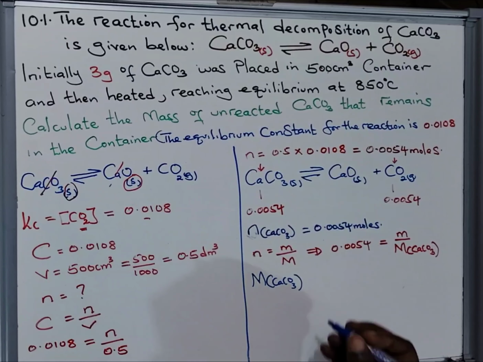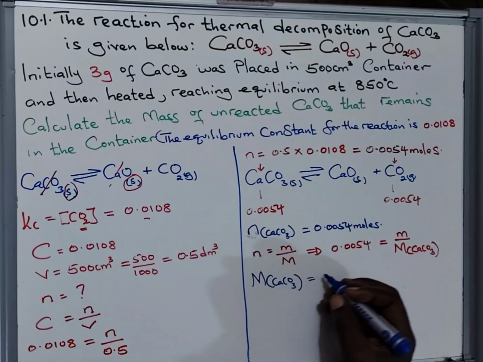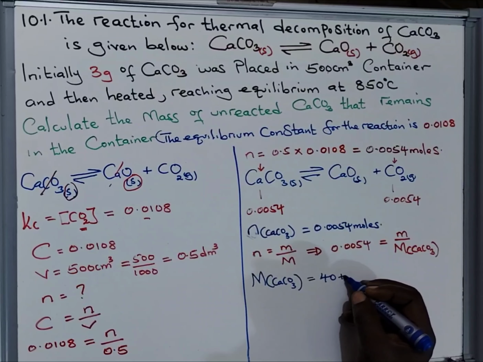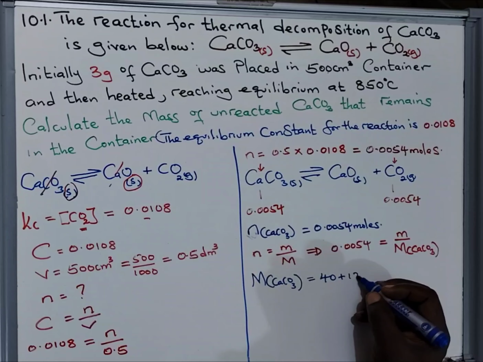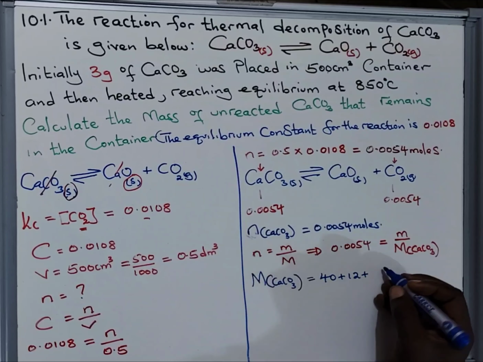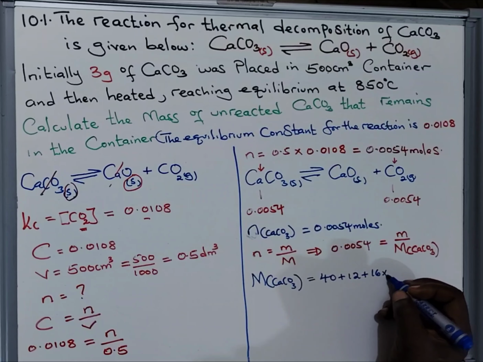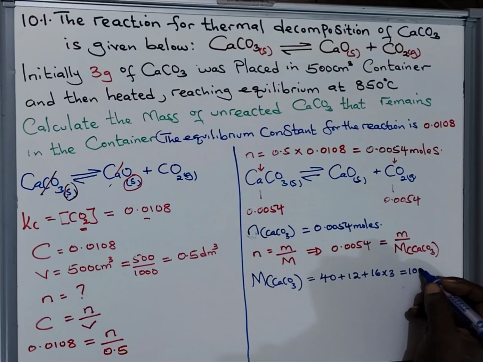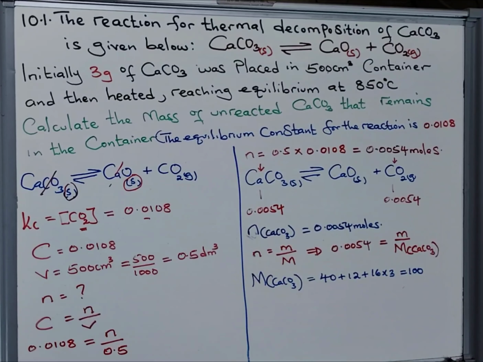The molar mass of calcium carbonate is going to be calcium, which is 40, plus carbon, which is 12, plus oxygen, which is 16 times 3, giving you 100. Having that, you can go back to our equation.